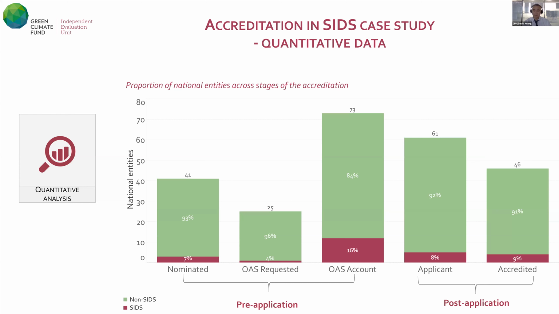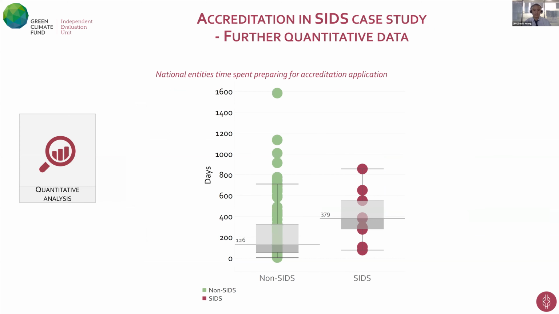Now, the next slide is another data visualization. It is the box plot. So here we're looking at the days spent between non-FIDS national entities and FIDS national entities who have submitted an accreditation application. So the days spent is how much time they spent preparing for this submission of application.